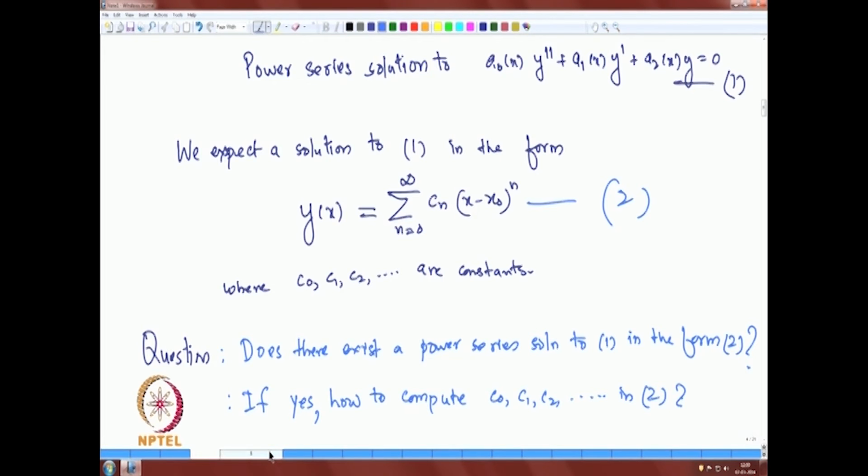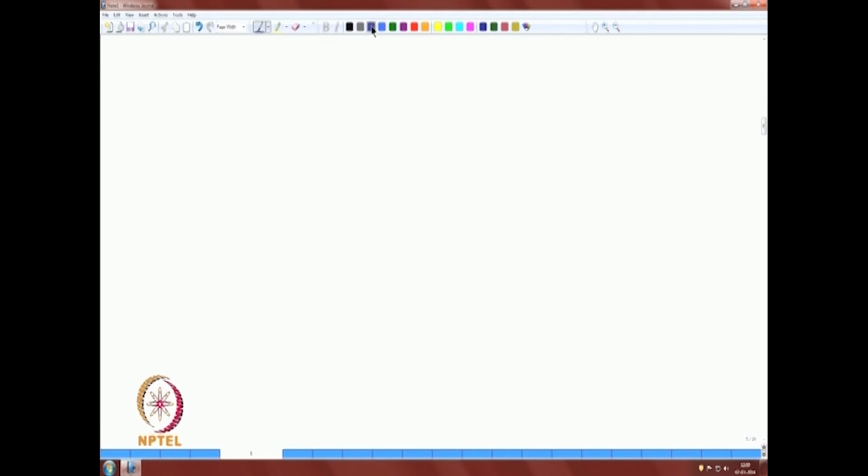First, we address the existence of a power series solution to 1. So, under what condition does the power series solution for 1 exist and that series is convergent?